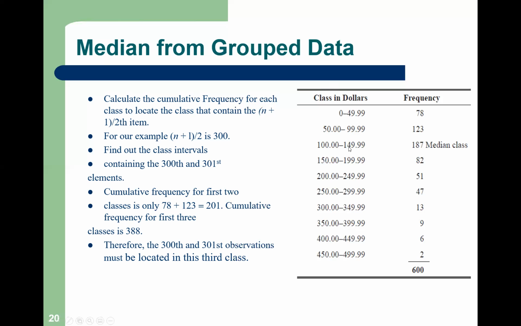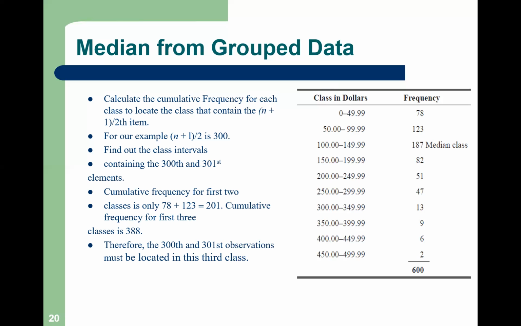We will calculate the cumulative frequency for the third class, that would be 78 plus 123 plus 187. This is equal to 388.